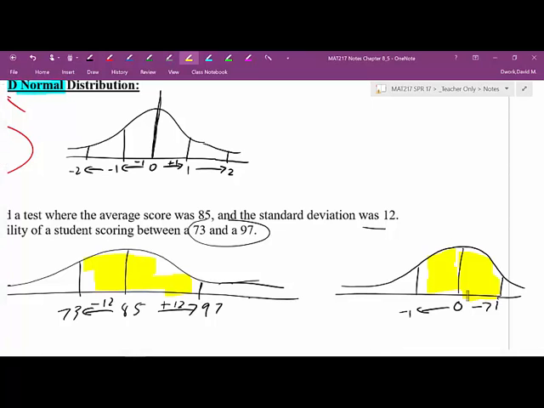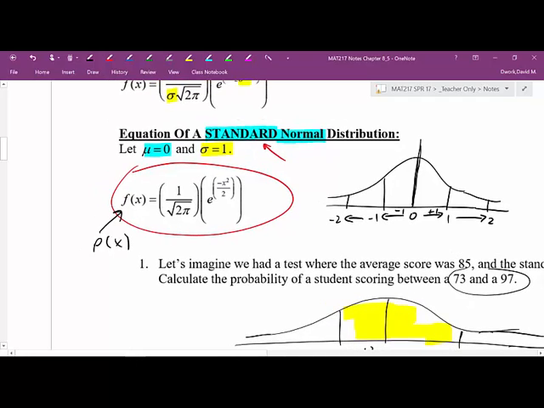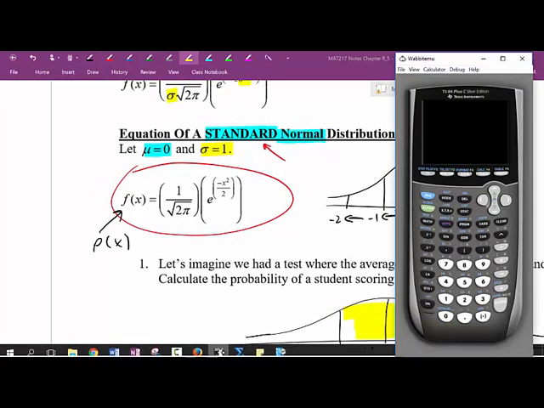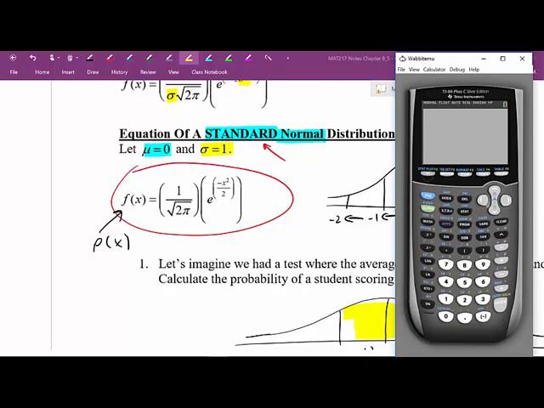So how do we calculate this? We're going to take this and put it in our calculator. All right, so here we go. In your y1 line, we are now going to type in this first part. So it's going to be 1 divided by the square root of 2 pi. Oops, not 2 to the pi, that would not be what I want. 2 pi.